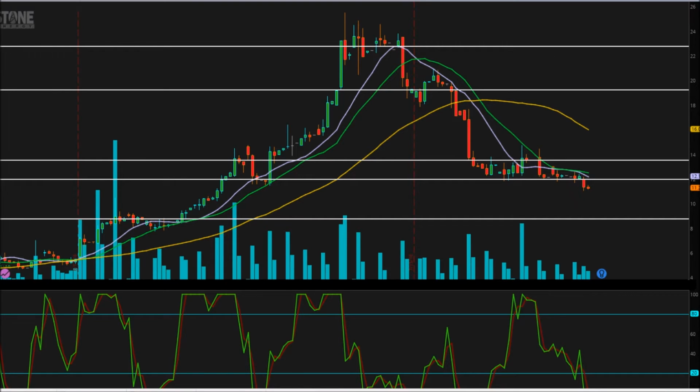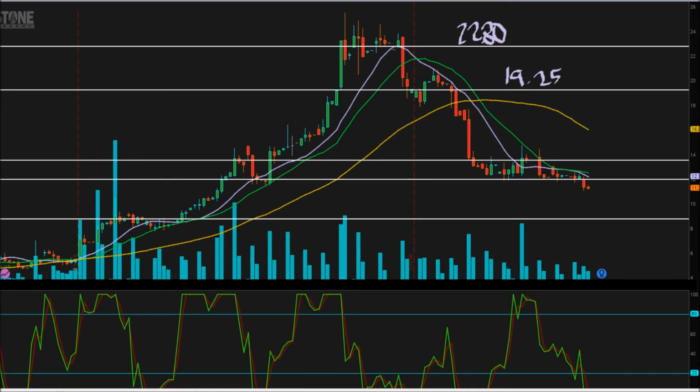So we'll just start right from the top. That first pivot point is going to be 22.80, right up here. The second one down next is 19.25. Three more to go.